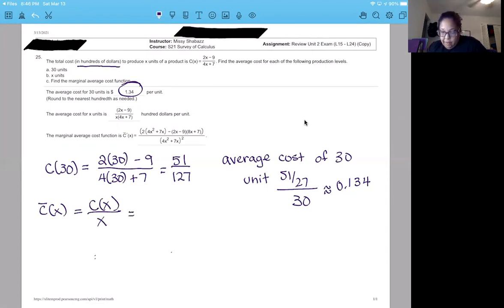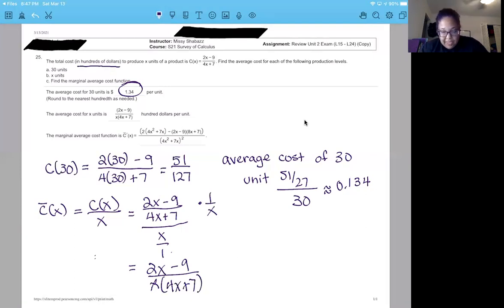So I have 2x minus 9 over 4x plus 7 divided by x. Well, x is the same thing as x over 1, multiply by the reciprocal, and I get 1 over x. So I get 2x minus 9 over x times 4x plus 7.